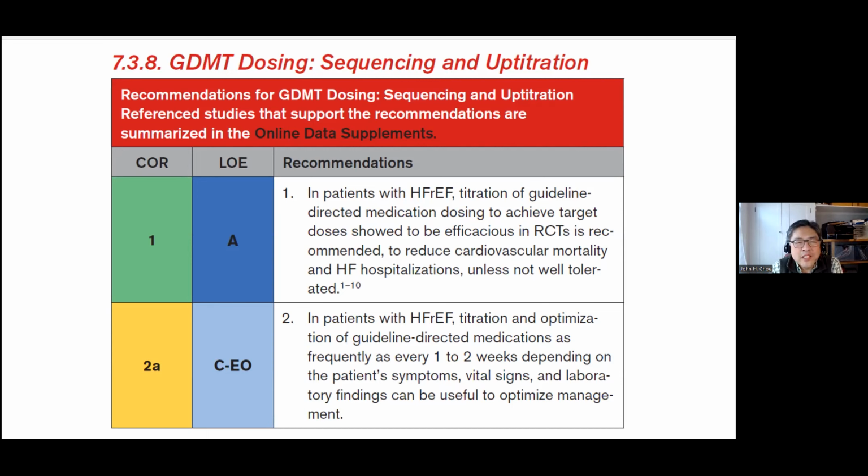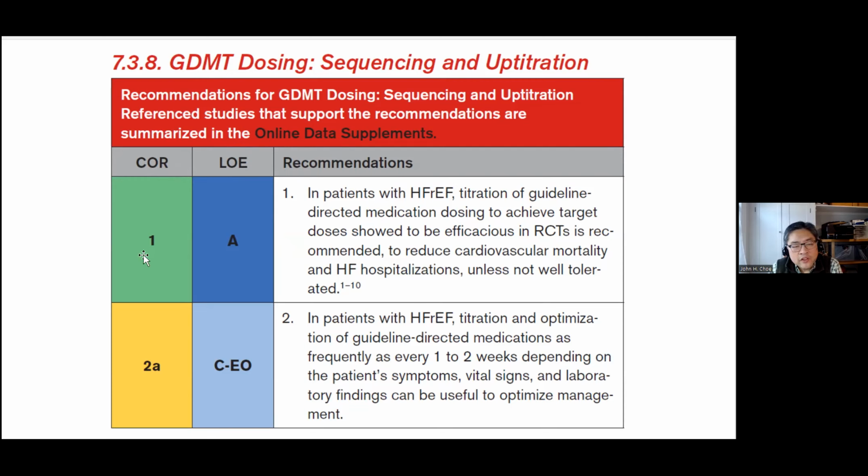So it says GDMT, and this is specifically around how you prescribe goal-directed medical therapy for patients with heart failure and how quickly you uptitrate. It's very easy to read. It's very color coordinated. They divide things by what's called COR, which is the class or strength of the recommendation, and LOE, which is the level or quality of the evidence.